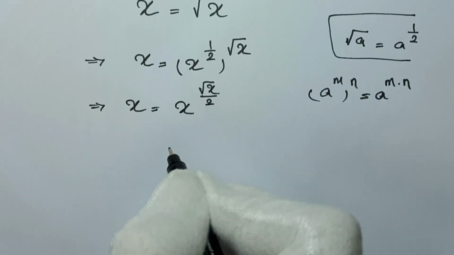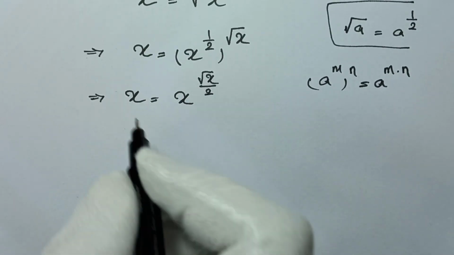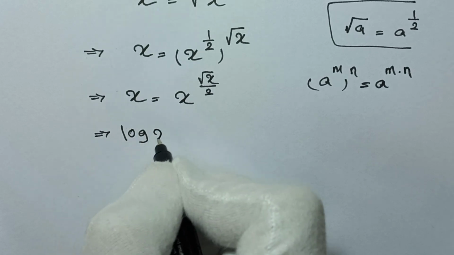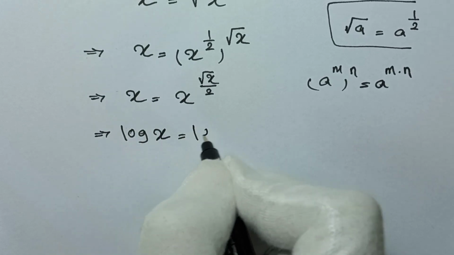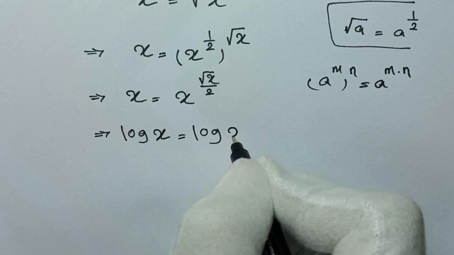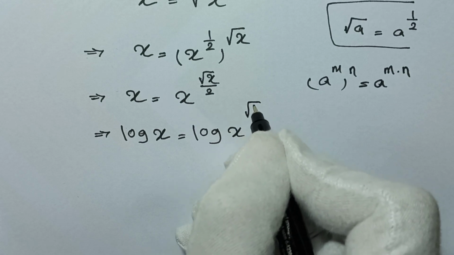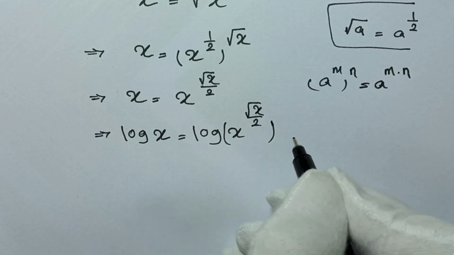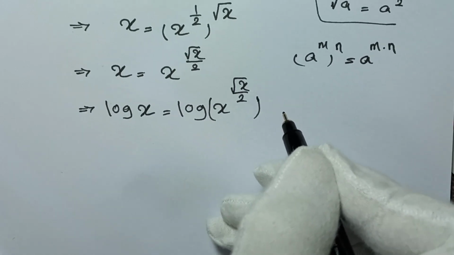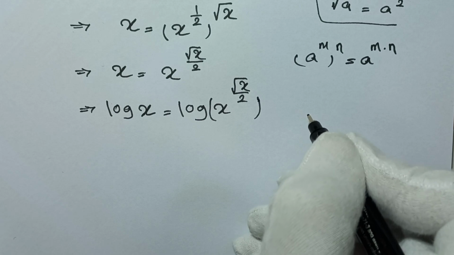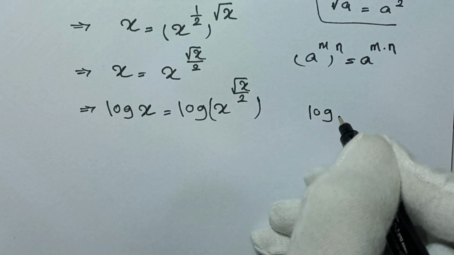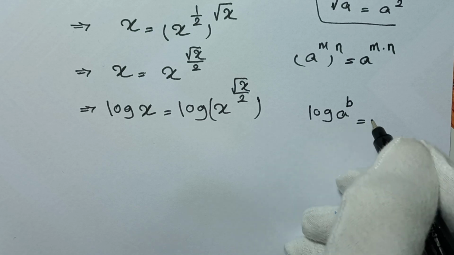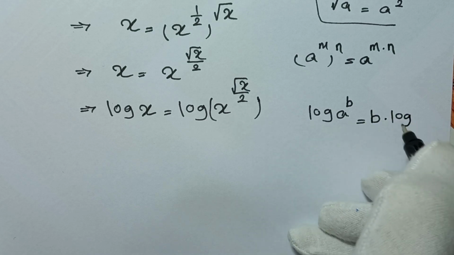So in the next step, we apply log to both sides of the equation. So it will be log of x equals log of x to the power of square root of x over 2. In the next step, from log rules, as you know, if we have log of a to the power of b, this equals b times log of a.